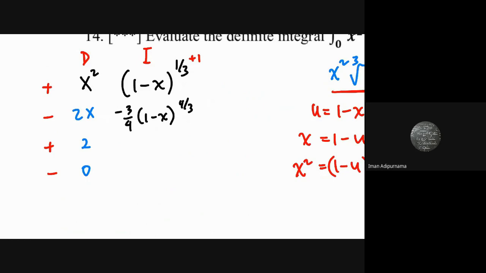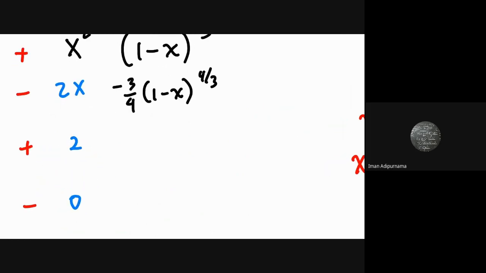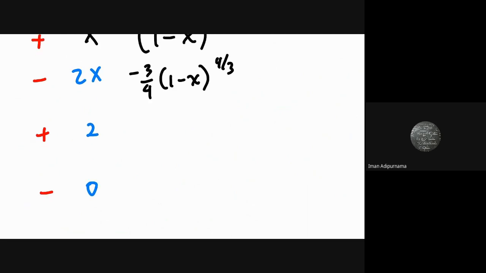This is a little bit complicated form, but still we can integrate this, right? And then again, plus 1, so it should be 7 over 3. We need to multiply with the negative, so it should be positive. This will be 9 over 28, 3 over 7, right?